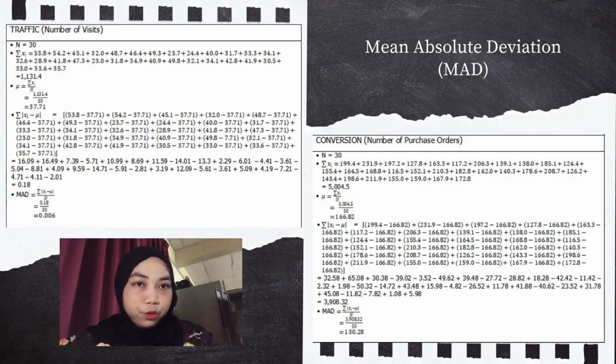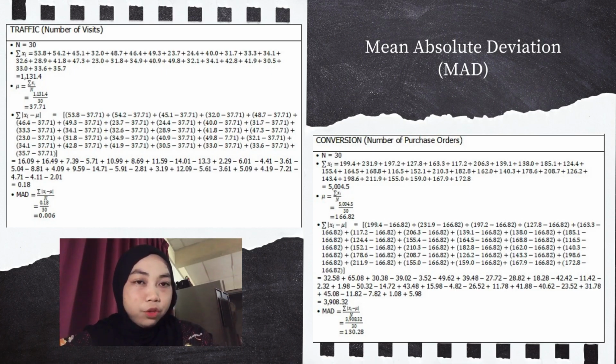Step 2 is to find the MAD, mean absolute deviation. To find the MAD, we need to find the sum of the metric first. The sum of the metric represents the total value of the metric across all data points.